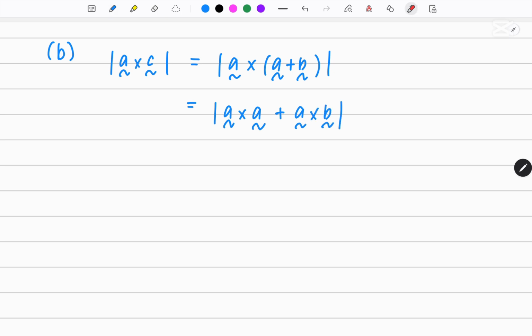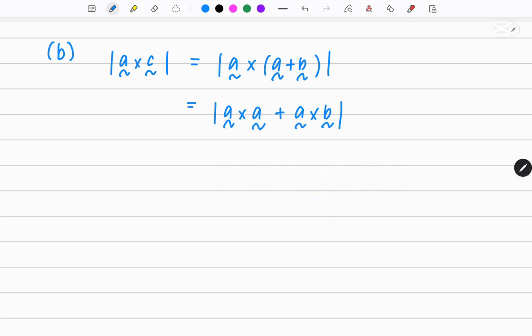Now, in vector product, we learned that A cross A, the resultant vector is a zero vector. Because A cross A will give us modulus A, followed by sine, but because it is the same vector, the angle produced is 0 degrees, which will make the whole thing 0, so this whole thing will become 0 as well.